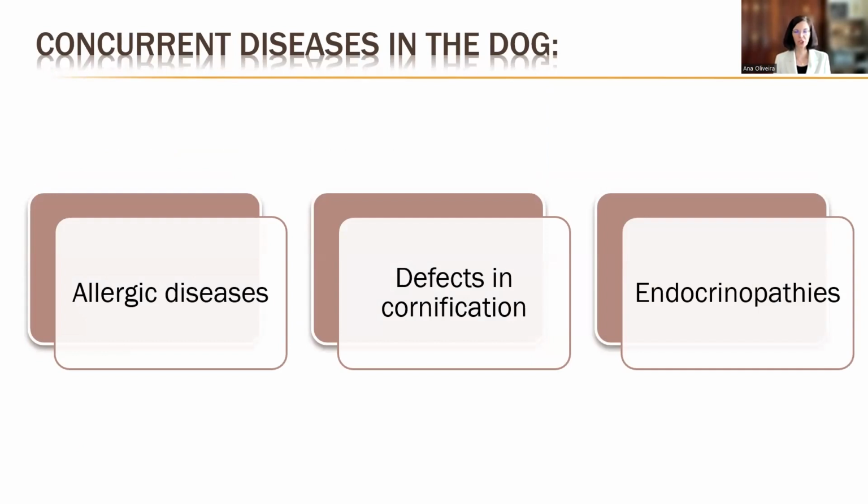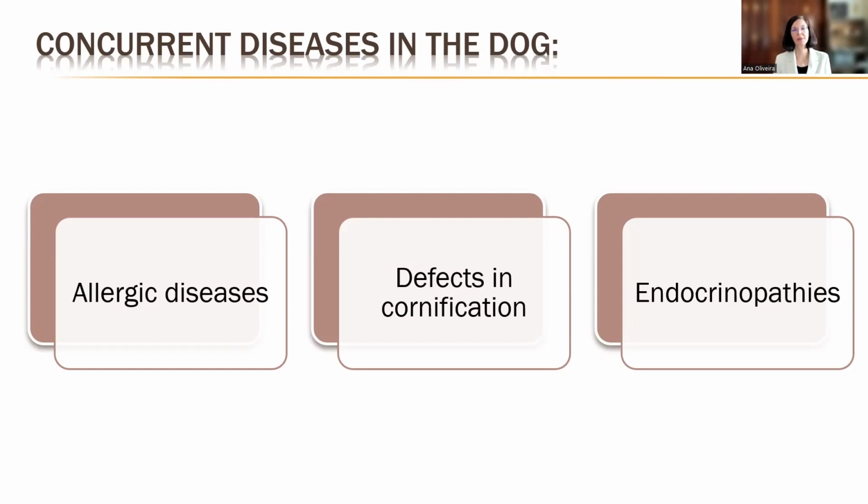We are looking at patients that have atopic dermatitis, so allergies to the environmental allergens, and or allergies to the food, so a food allergy, or both. So allergic patients are the number one cause behind the Malassezia dermatitis, on the skin or in the ears.